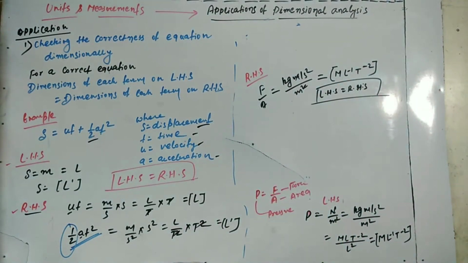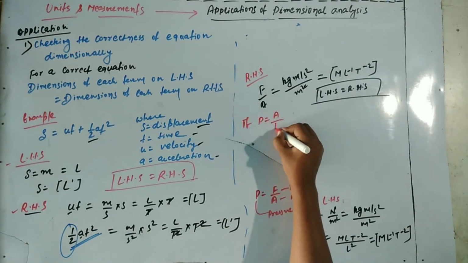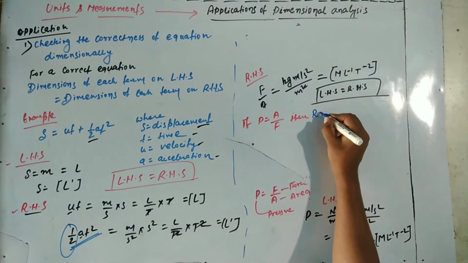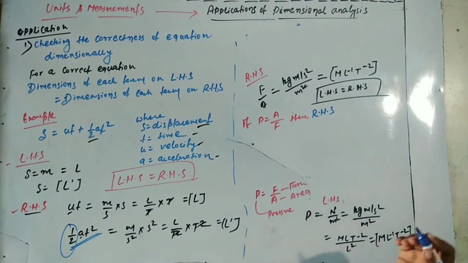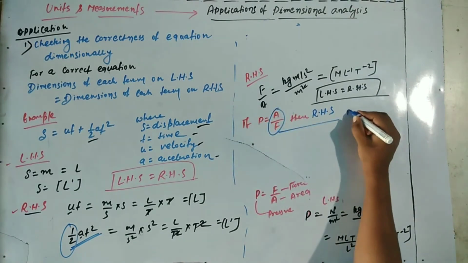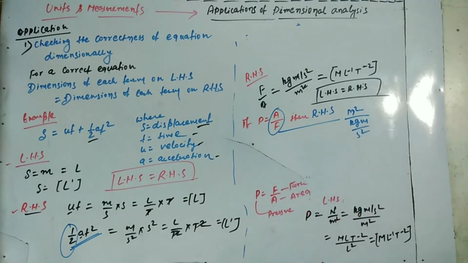If P equals A by F, then you can check this. In case of the RHS A by F, when we find the dimensions of A by F, it will be meter square by kg meter per second square.